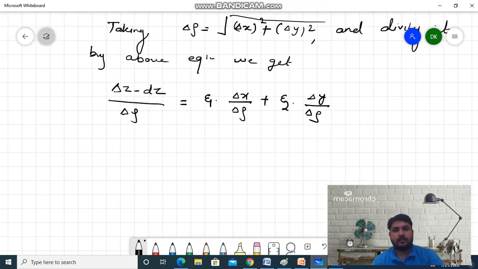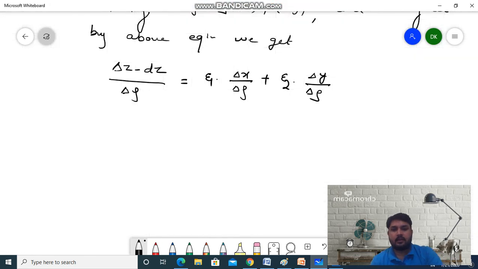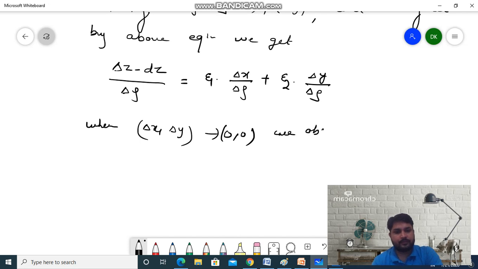Now taking the limit when del x, del y tend to 0, 0, we observe that del rho also tends to 0.